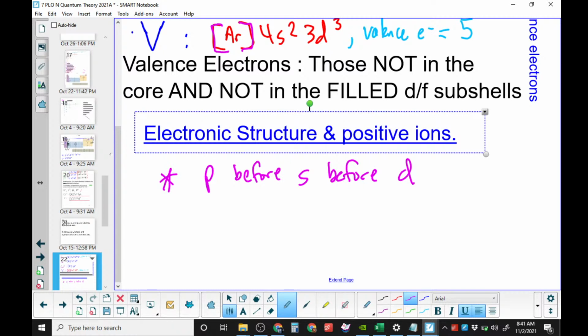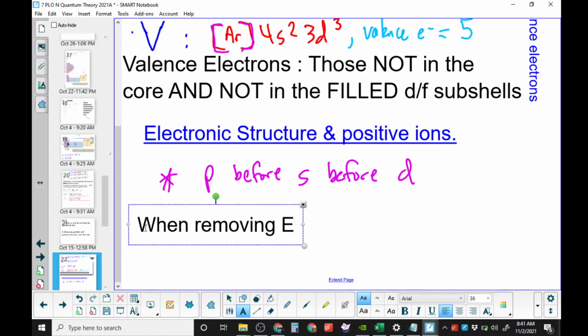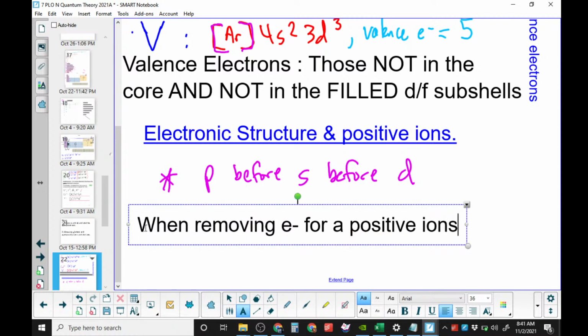And the valence electrons, if you fill a d shell, then those aren't part of the valence electrons, although we still write them into the electronic structure because they're in that level. And I'll write it out a little bit more succinctly. And you can write it either way depending on how you remember it.